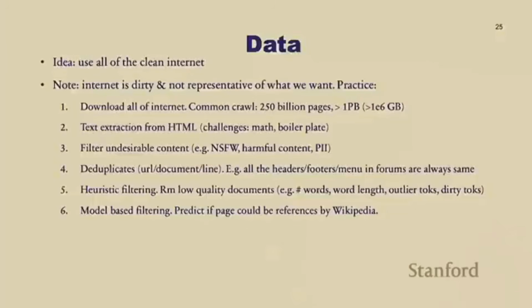Next step, model-based filtering. Once you've filtered a lot of data, there's actually a very cute trick. You will take all of Wikipedia and look at all the links that are linked through Wikipedia pages, because if something is referenced by Wikipedia, it's probably a high quality website.